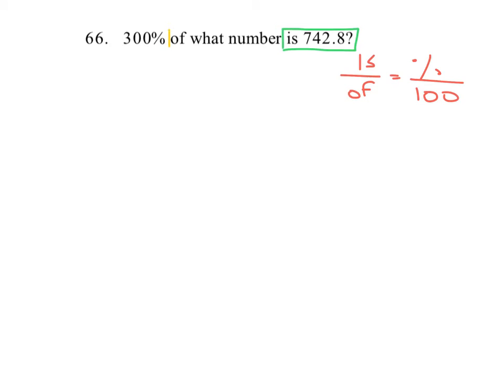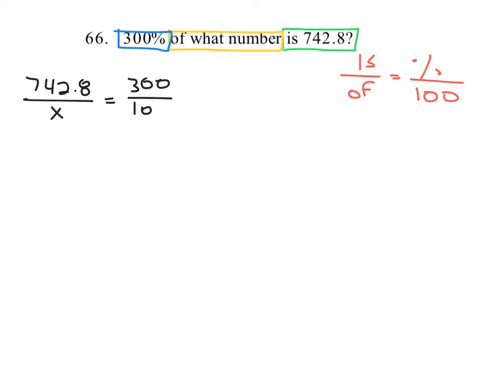Our of number, of what? So that's what we're going to find out. And our percent number, 300. So is 742.8, of x, percent 300 over 100. And now we cross multiply to solve.